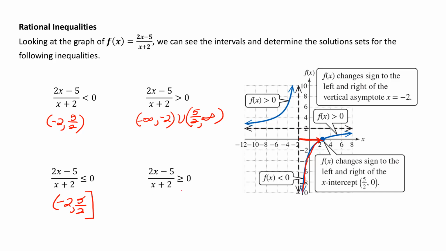And then when is the function greater than or equal to 0? That's going to happen from negative infinity up to -2 when it's on the left side of the asymptote, and then also from 5/2 up to infinity, including 5/2 this time.